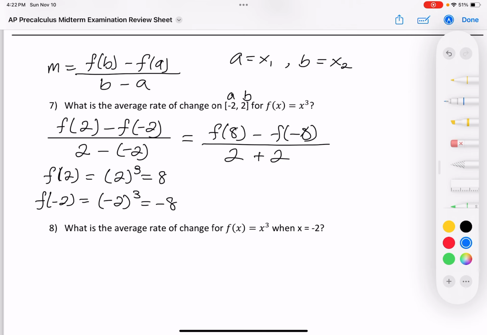If you write it like this, I'm only going to give you 2 points maximum, regardless of whether you get the correct answer, because this is incorrect. f of 2 equals 8, not f of 8.